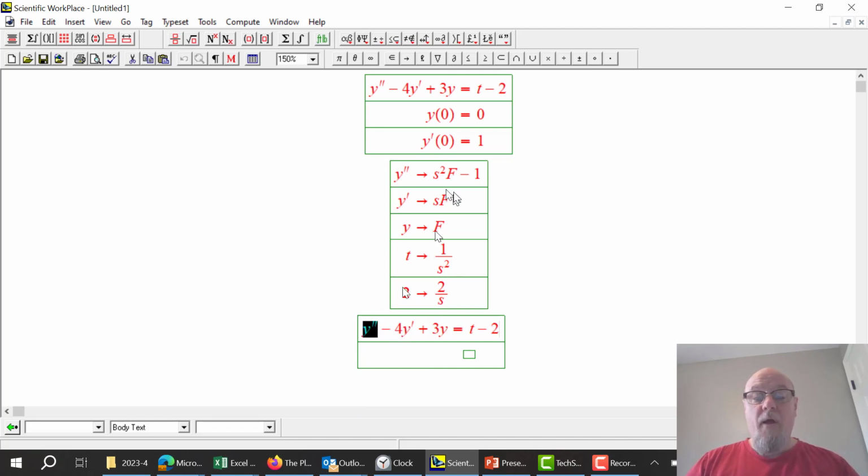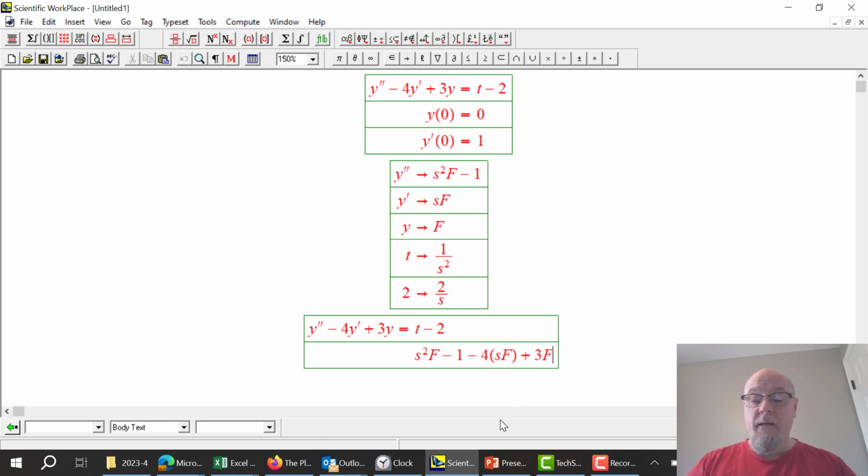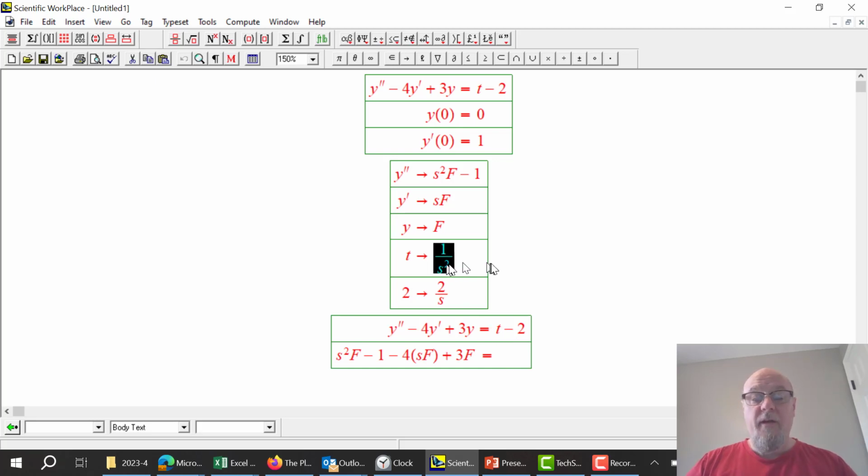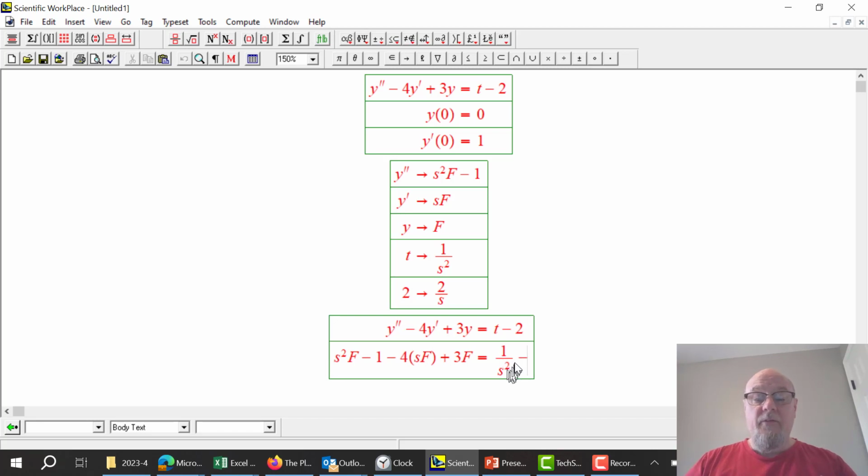So y'', that's s squared F minus 1 with the initial conditions there, minus 4 times the transform of y', which is sF, plus 3 times the transform of y equals, now I have to transform the t minus 2, so the t transforms to be 1 over s squared, and the 2 transforms to be 2 over s.